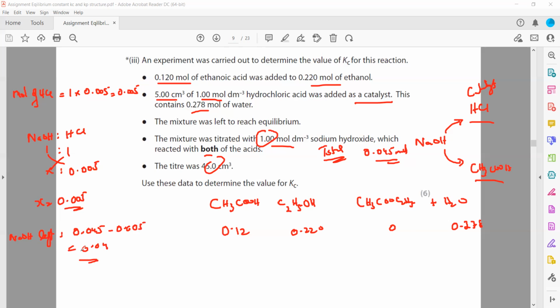These are the moles of sodium hydroxide left, and these moles will react with ethanoic acid. When you write the equation, you will find the ratio between them is 1:1. So 0.04 moles reacted with ethanoic acid and 0.005 moles reacted with hydrochloric acid. So it means the moles at equilibrium for ethanoic acid were 0.04.